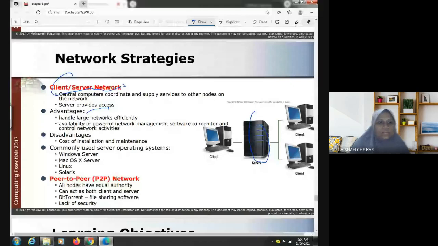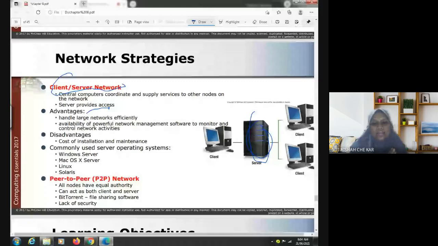Okay, but the problem with this strategy is the cost of installation and maintenance. But the advantage is that it can monitor. It has power, it has authority. Because sometimes we need some mechanism to control all the clients, because the internet is very wide.